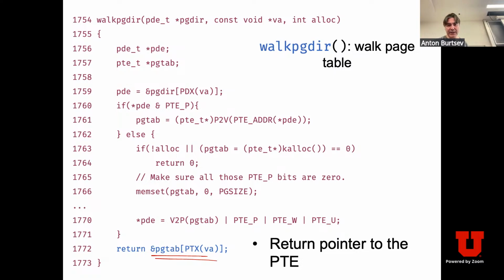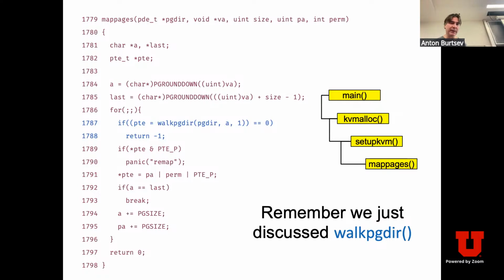We just write the physical address plus the permission bits, which we got from here, plus the present bit into the page table entry. And if we reach the last element of this region, we're gonna break and exit the loop. If not, we simply increment and go to the next page, right? It's a very simple code.